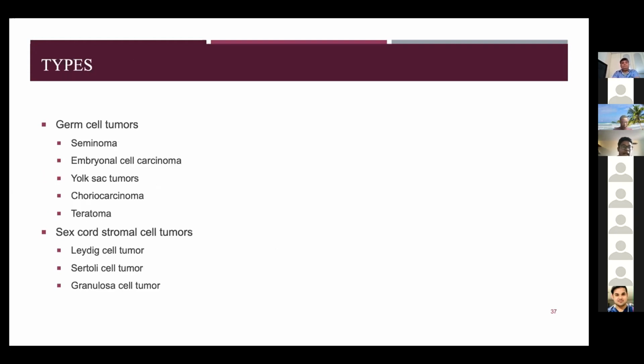The types of testicular tumors are germ cell tumors and sex cord stromal cell tumors. However, 95% of testicular tumors comprise germ cell tumors, and the most common one is the seminoma. Nowadays, testicular tumors are also classified into seminoma and non-seminoma germ cell tumors.